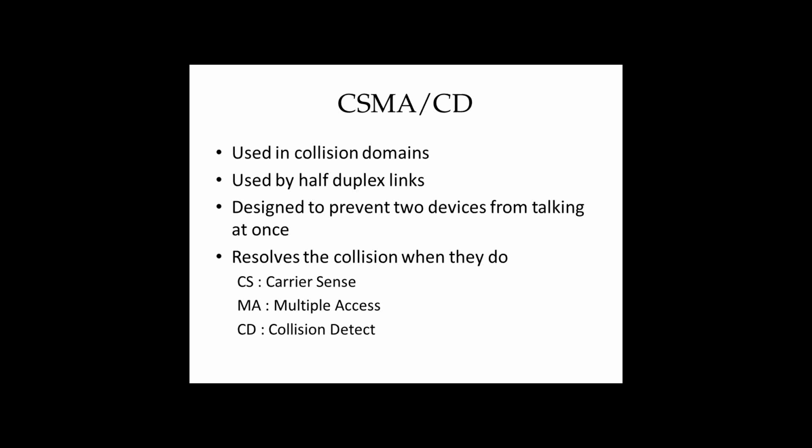So a collision domain, in essence, is a section of the network in which multiple machines need to be prevented from talking at the same time, because if they do talk at the same time, then collisions occur, data is corrupted, and so bad things happen. So what we need to do is create a means of preventing those collisions.